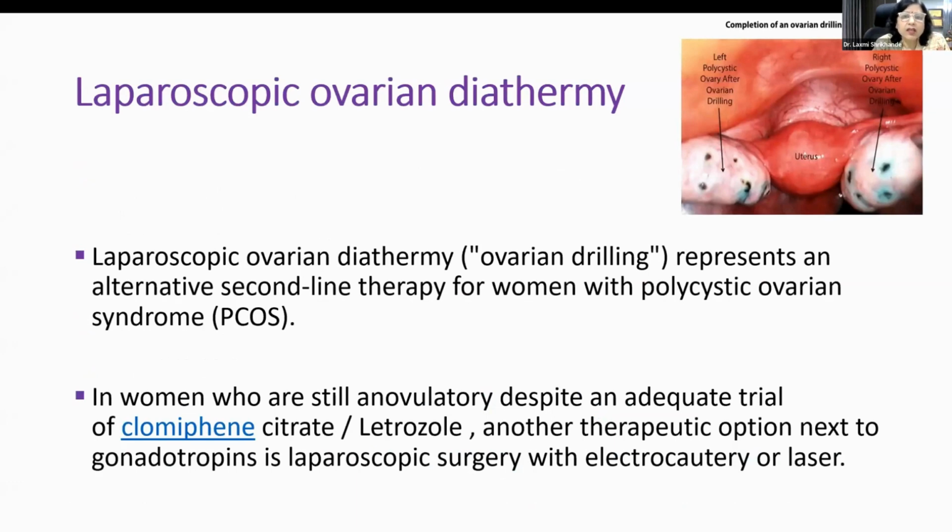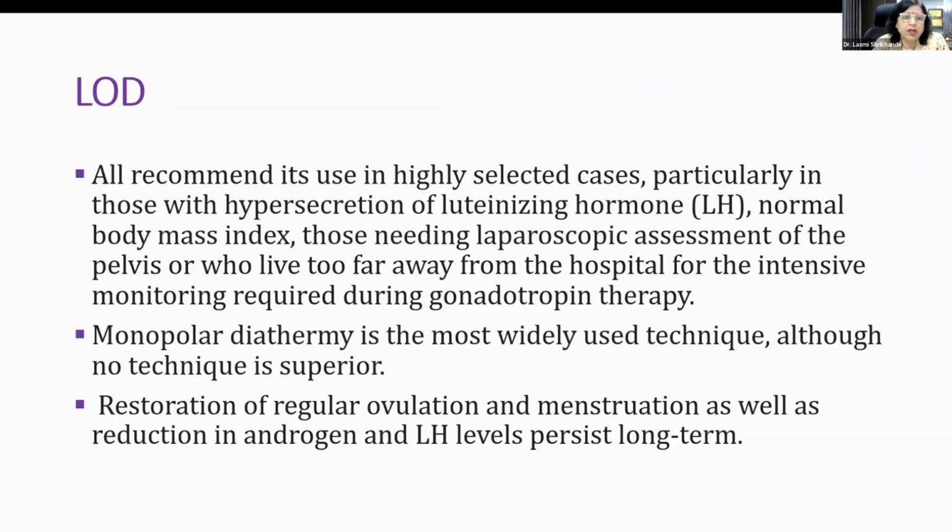Why have I added laparoscopic ovarian diathermy in this talk? Because this is an alternative second line therapy for women with PCOS. It works, it has its own advantages if you are using it in highly selected cases, particularly in those who have high levels of LH, who have normal BMI, those who need laparoscopic assessment anyway for other reasons, those who cannot come to your hospital for frequent monitoring, those who cannot afford the gonadotropin injections.